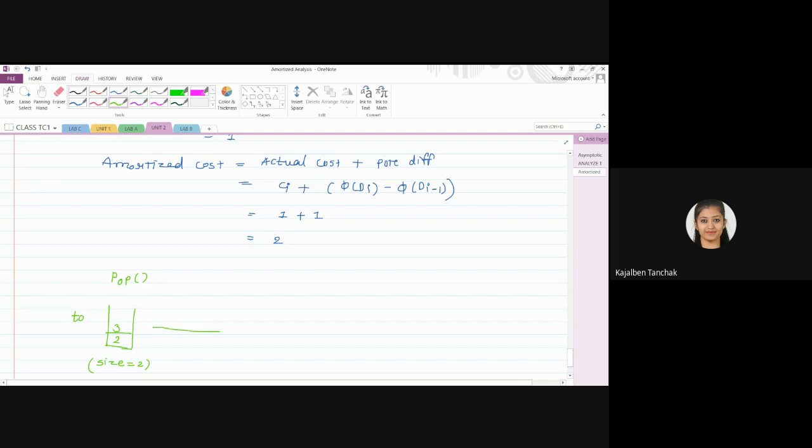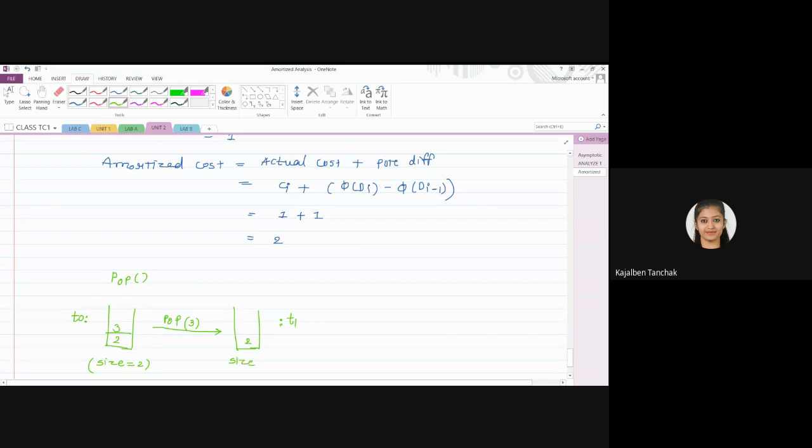Now I want to perform the pop operation. I want to pop the 3. So I will pop 3, and in this stack we now have this element 2 at t1 time. After performing the operation, we are having this element.